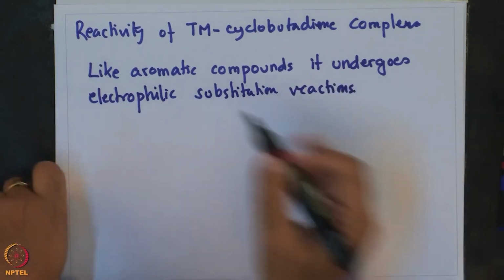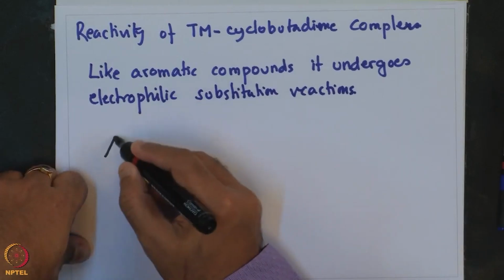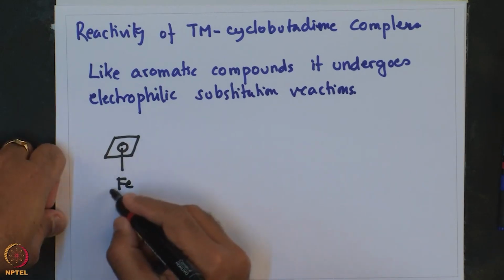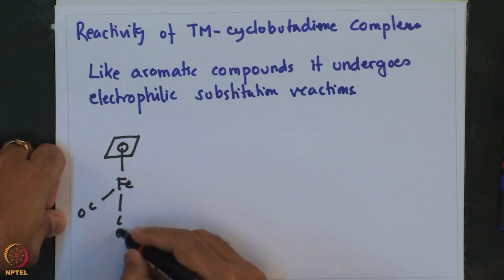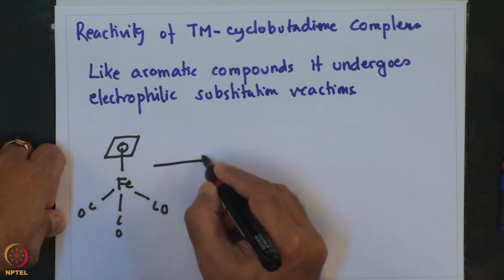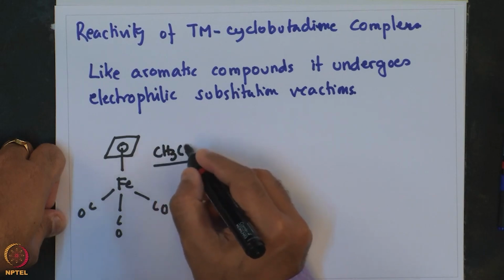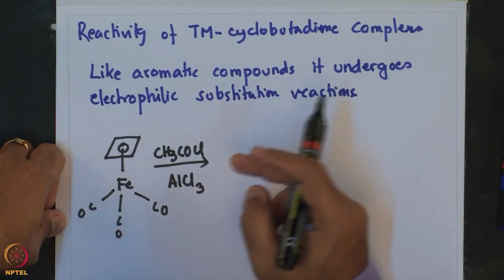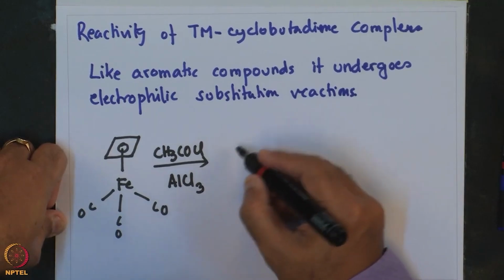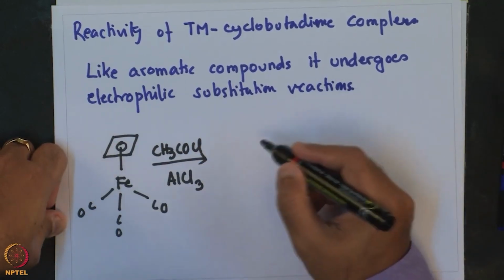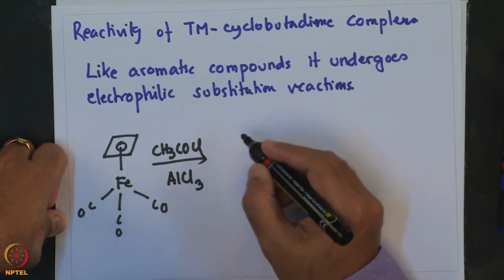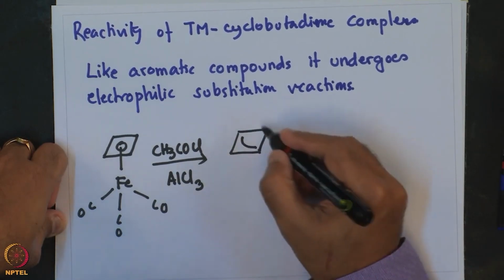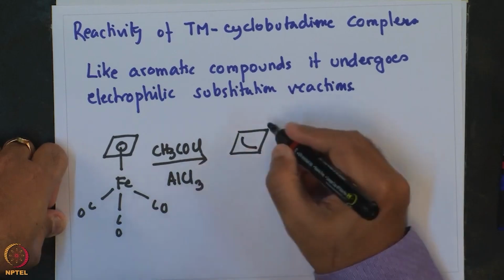For example, the reaction of this half sandwich compound, cyclobutadiene iron tricarbonyl, with CH3COCl in the presence of AlCl3, like any standard acylation reaction, the eta 4 bound cyclobutadiene converts to an eta 3 bound allylic ligand similar to the one shown over here, and the electrophilic substitution occurs at the ring.